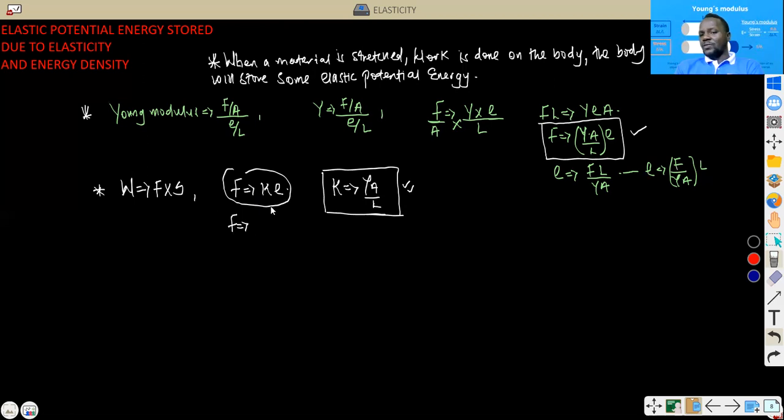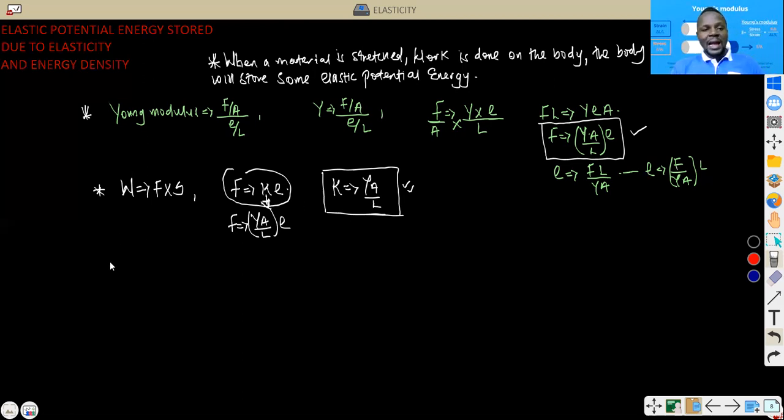Because the formula is gamma A or YA by L, in the bracket, you have K. This is the way we relate our K. I hope students are following. So keep that in mind whenever you are asked to calculate the force constant of a wire or any material that has been stretched: Young modulus multiplied by the area divided by L. We said when work is done, what happened, guys?